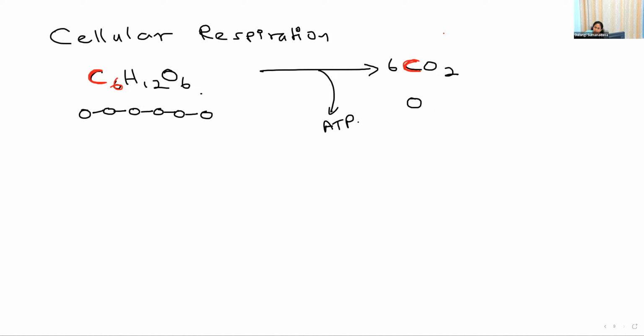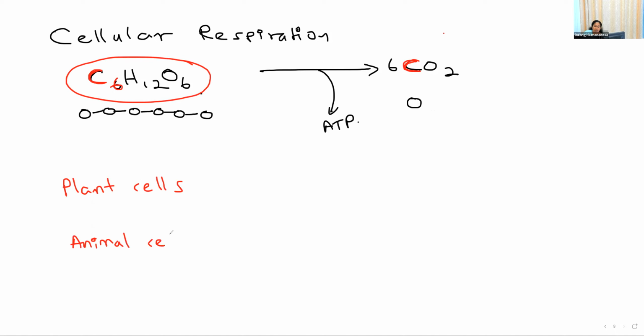Can you write down the two main cells, the plant cells and the animal cells, right? We are not considering the fungi and the protists. How are the plants going to get their glucose for the cellular respiration? So plants or animals, if they are living organisms, they must produce their ATP.